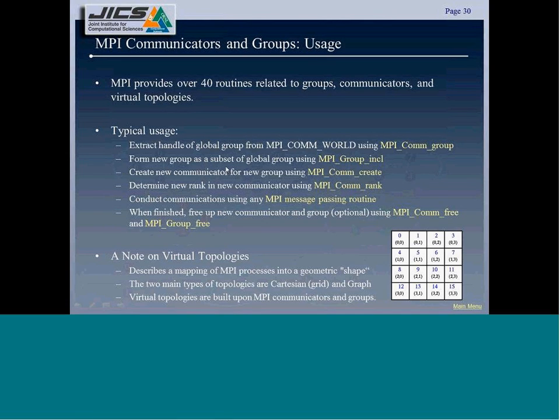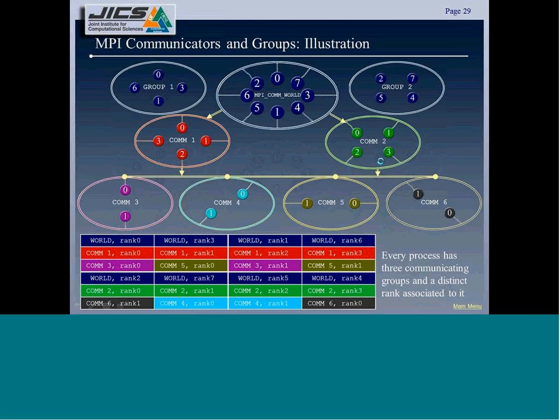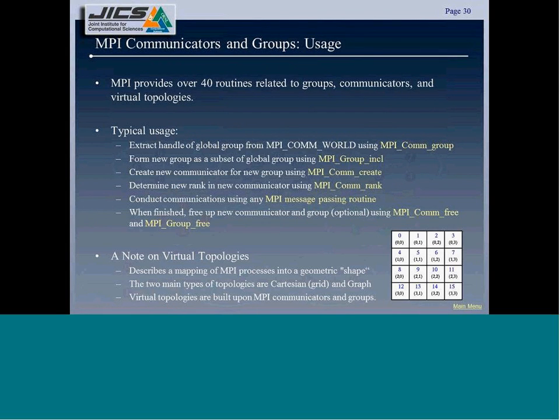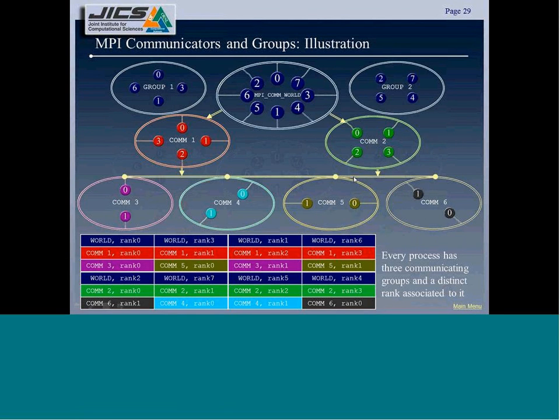You form a new group as a subset of the global group using MPI_Group_incl. That's the function that will actually do the splitting of the base group into, say, 2 parts, as an example. Then you create a communicator for the new group, and you use MPI_Comm_create. So that's how you can get COMM1 and COMM2.